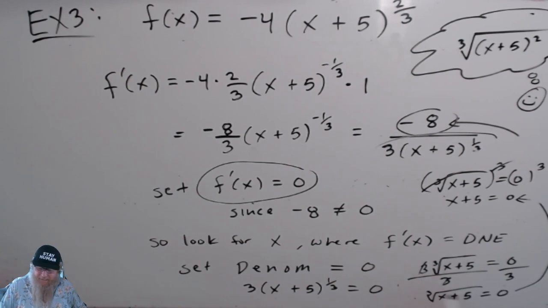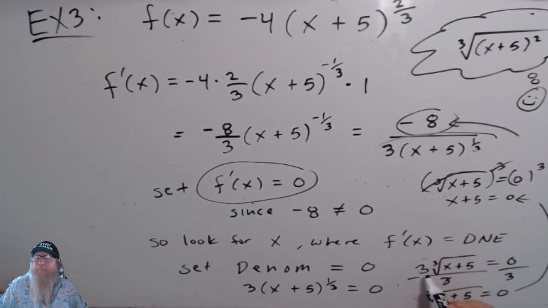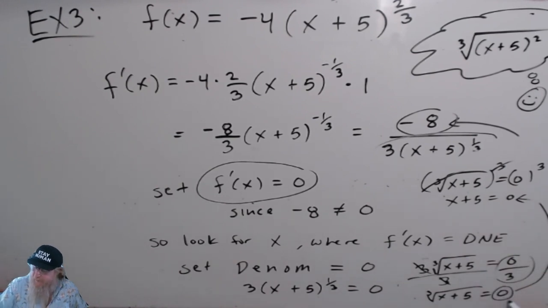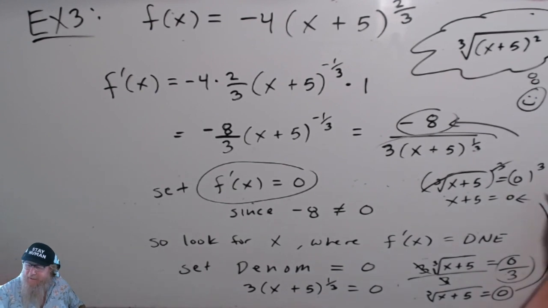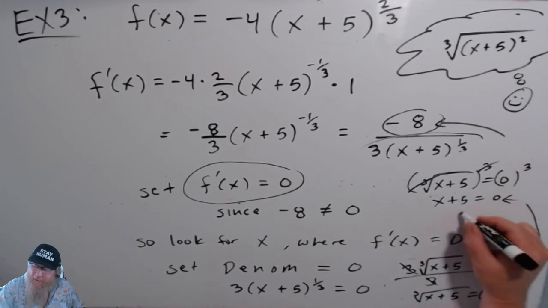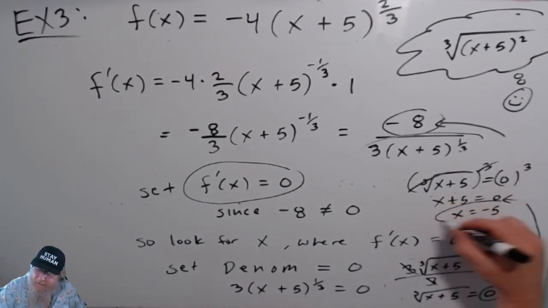This one's a little messy because it has a little 3 as the index, and then a big 3 as the coefficient. I already divided off the big 3, and that gave me 0 still. 0 divided by 3 is still 0. Then I cubed both sides, but when you cube 0, you still get 0. And then you subtract 5 and you get x equals negative 5.